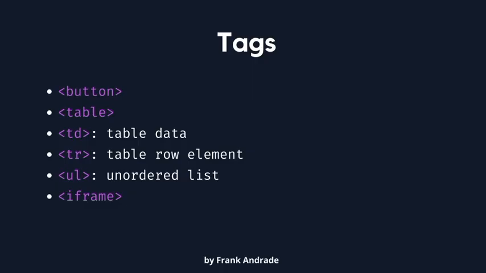This represents a data cell within a table. Then we have the TR tag, which stands for table row element. This tag defines a row of cells in a table. And then we have the UL tag, which is an unordered list. This one is used with the li tag to make an unordered list.